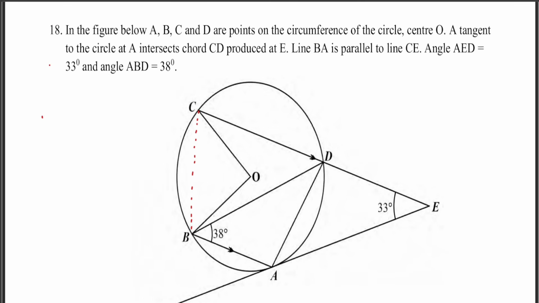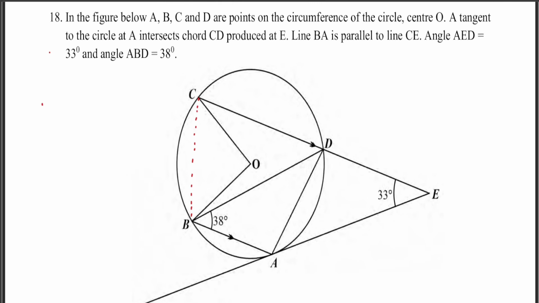Now let's start. Before even looking at the questions, we need to find all the angles that might be present in this diagram. If you look at it, E is 33, right? This is 38. Now there's a property, you should know all the angle properties of a circle.